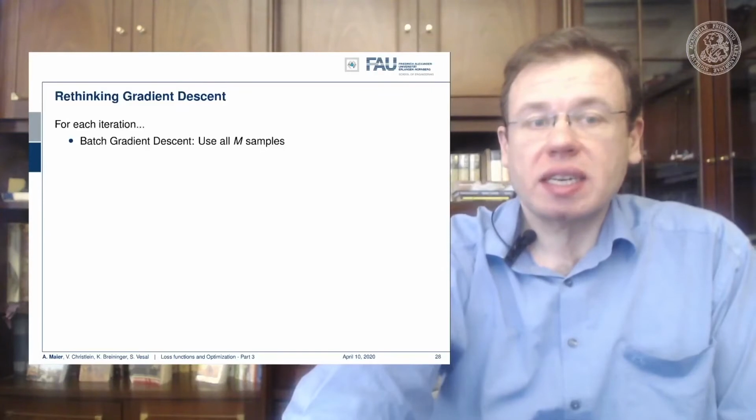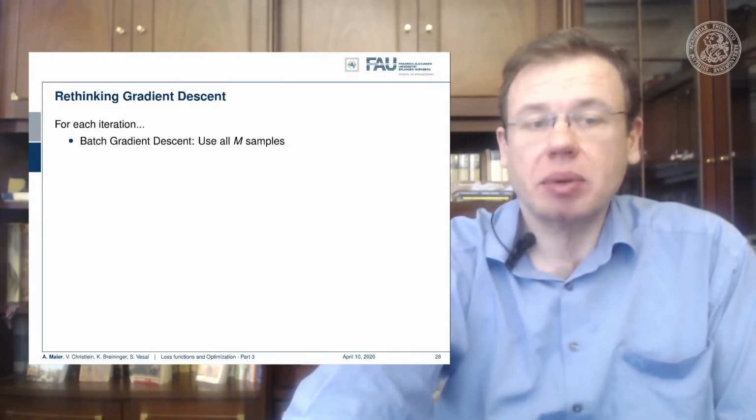Now, of course, this means that for every iteration, we have to use all m samples, and this is called batch gradient descent. So you have to look in every iteration for every update at all m samples. These may be really large, in particular if you look at big data, computer vision problems, and so on, with, say, image recognition.